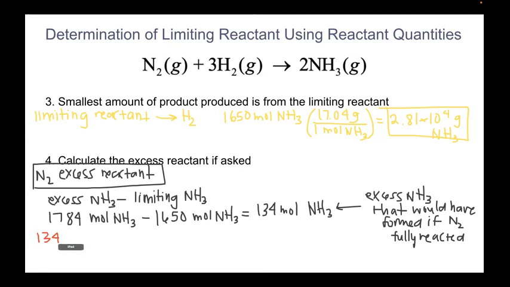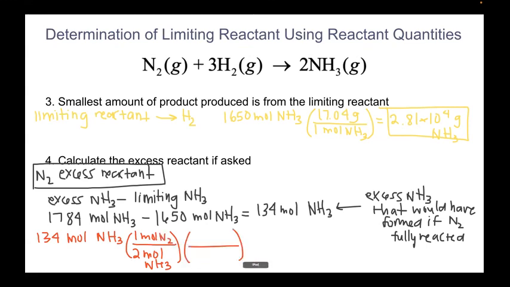134 moles of NH3, and I'm not interested in the amount of NH3 excess, I'm interested in the amount of N2 excess. So what I'm able to do is say, okay, if I have 2 moles of NH3, we have 1 mole of N2, and I'm asked for grams.